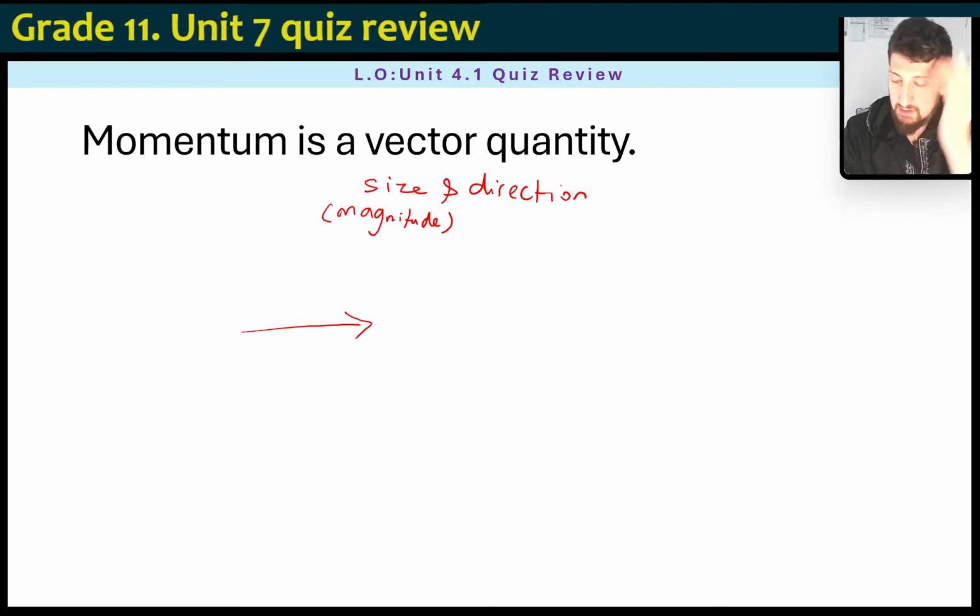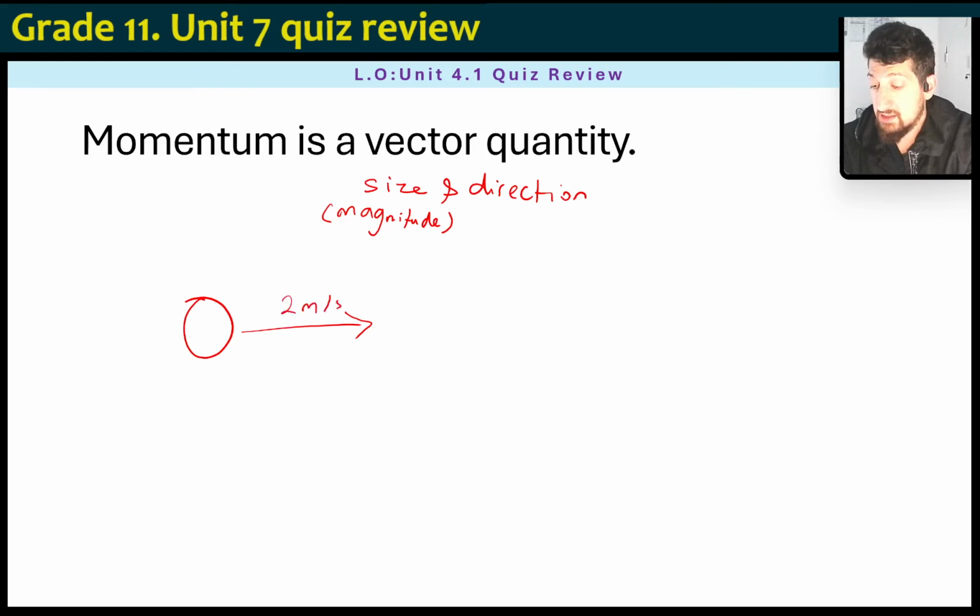So let's say, for example, there's a ball traveling over here, and it's traveling at 2 meters per second, and it has a certain mass of some sort. So let's say 1 kilogram, and it hits another ball that is traveling at 1 meter per second, and it also has a mass.